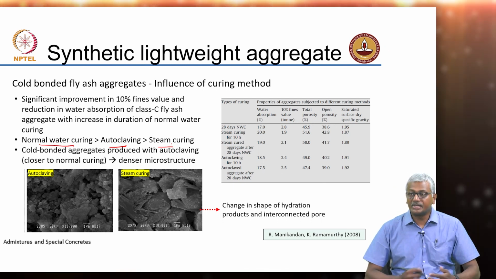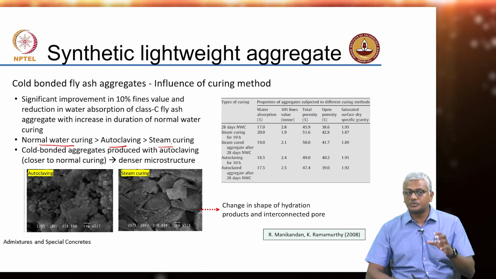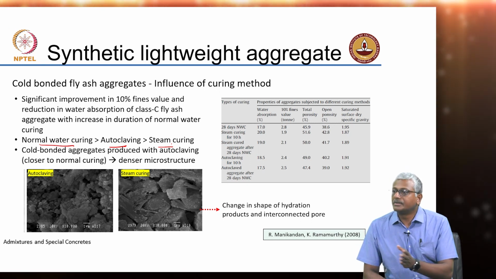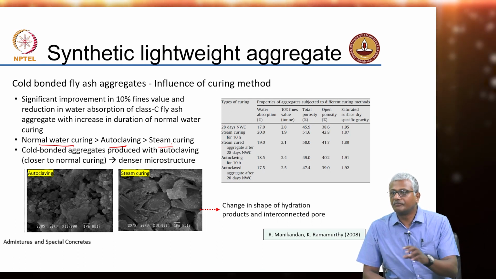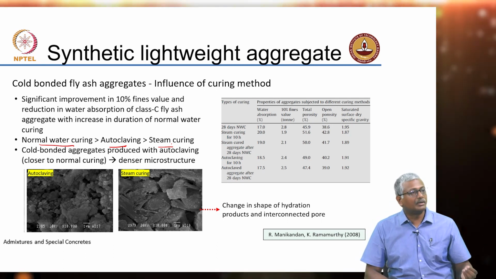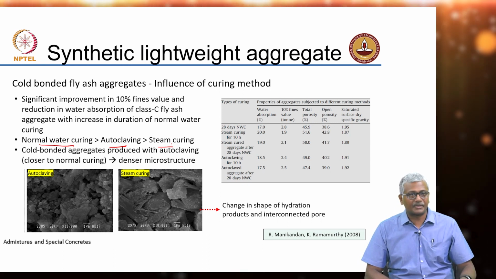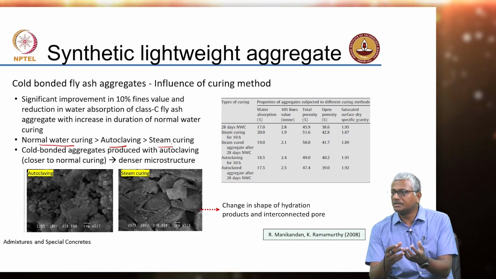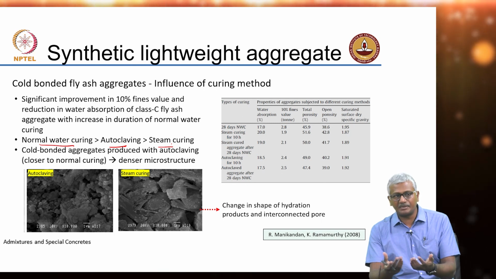Generally, what you end up with normal curing is that you get a much more denser microstructure that forms. We discussed this when we talked about steam curing and its effects on the long term development of strength. When you do accelerated curing, what ends up happening is you introduce more coarse porosity in the system, and that is exactly what you can think about the cold bonded fly ash as a hydrating cementitious system, right, the same thing.